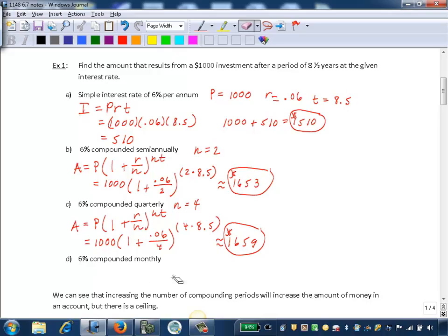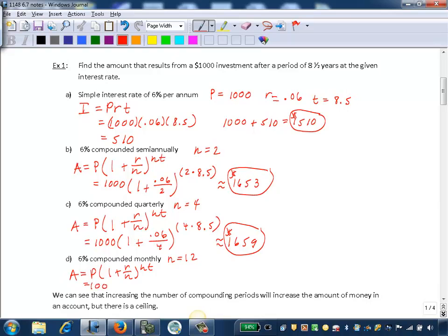And then finally the monthly, so again, we would expect that we get a larger amount as we increase the number of compounding periods, but you'll see that it's not as much as you might think. So with compounded monthly, N is 12. Our compounding periods would be 12 for the 12 months. So we'll fill in, again, our formula, P times 1 plus R over N to the NT.